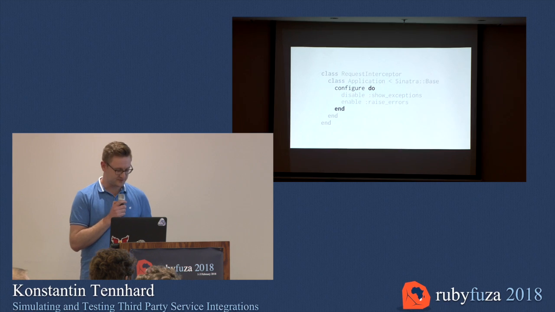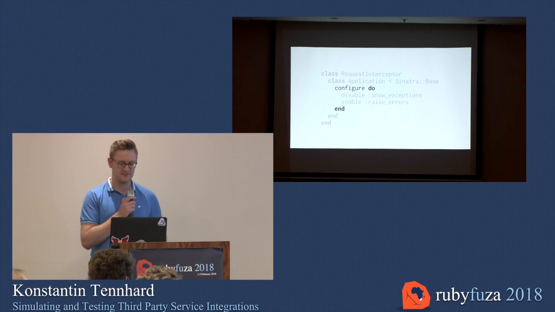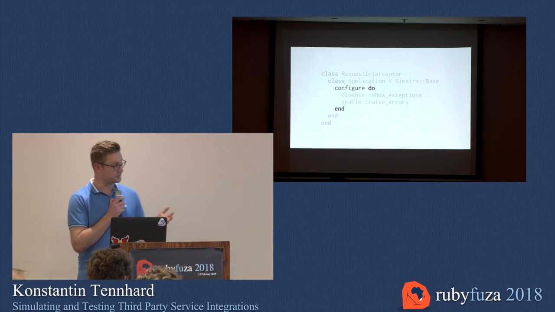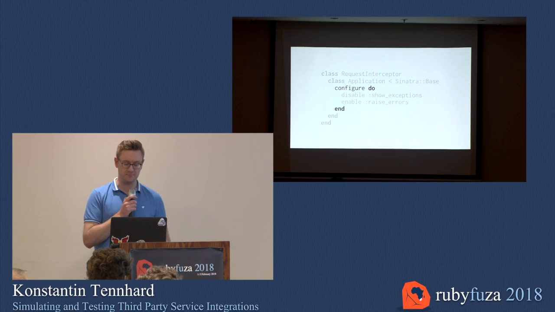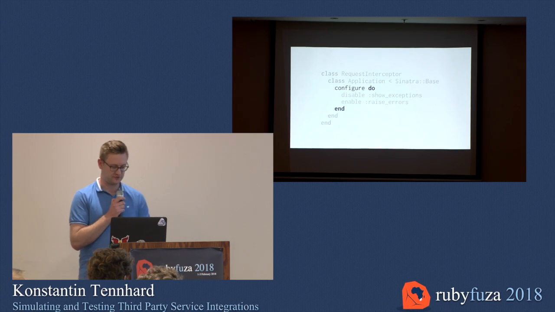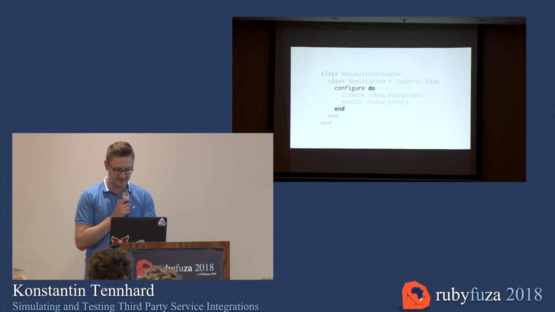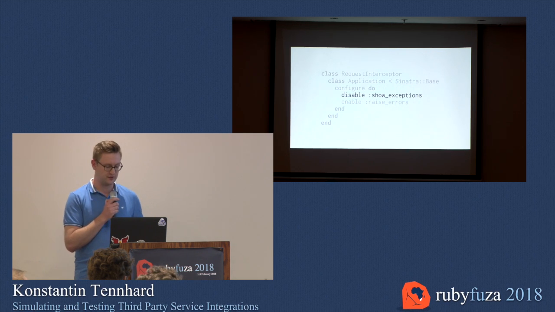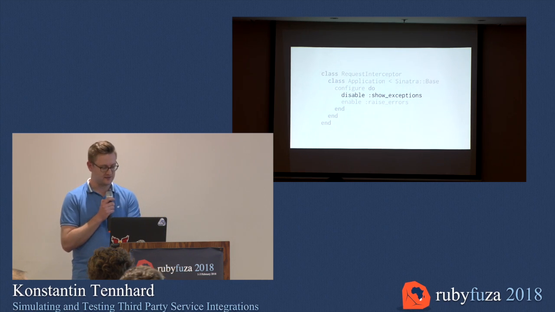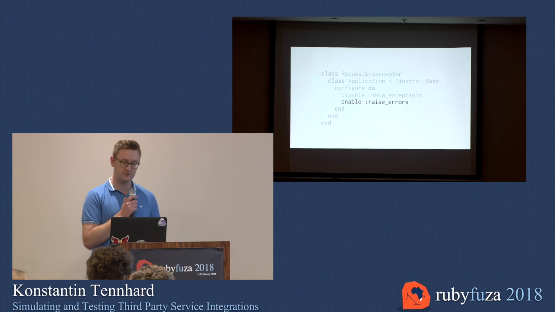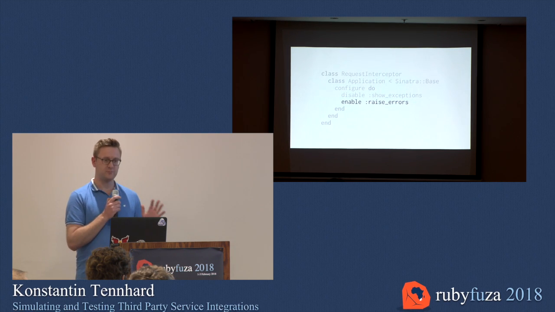The nice thing about Sinatra is that the developers thought of it as it should be embeddable into other applications. And so you can configure Sinatra to disable rendering a stack trace, and then you can tell it, if you encounter an exception, let it bubble up.